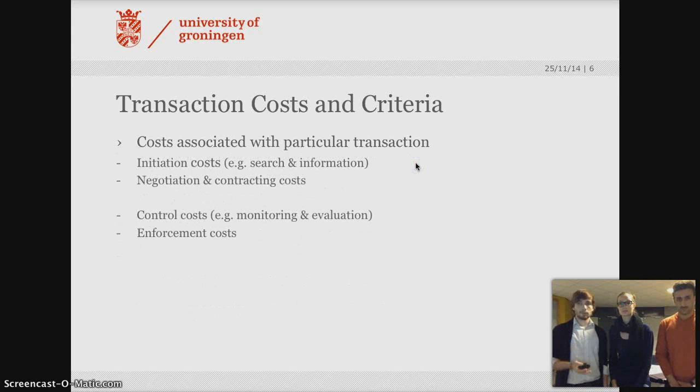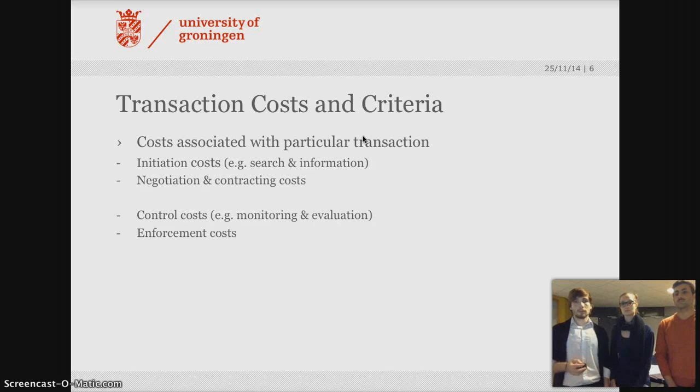The first costs related to ex ante are initial costs, for example, searching and information costs and things like that. The second cost which will be analyzed are the negotiation and contracting costs. Now, ex post represents the costs after the contract was signed. This includes the control costs, for example, monitoring, and enforcement costs of the contract in case something bad happens.